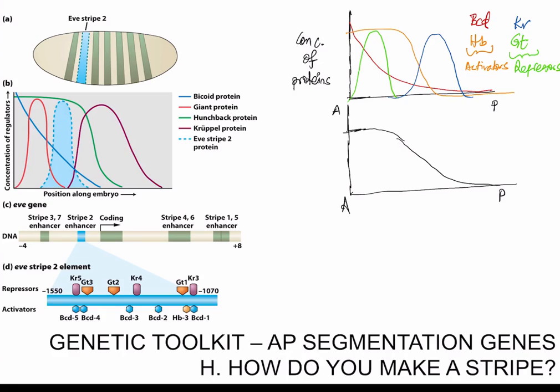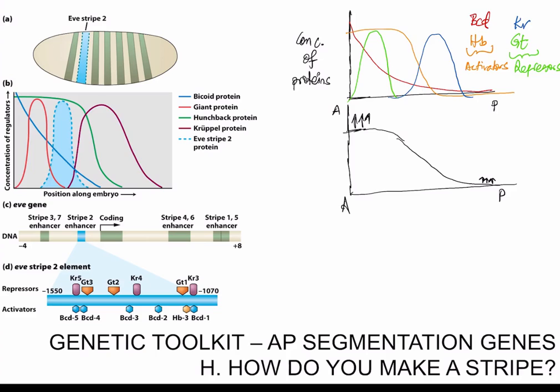And this is what happens when you have a gene that's activated by Bicoid, which is high in the anterior, and so it activates it in the anterior, and there is less Bicoid in the posterior, so there is less activation available in the posterior.